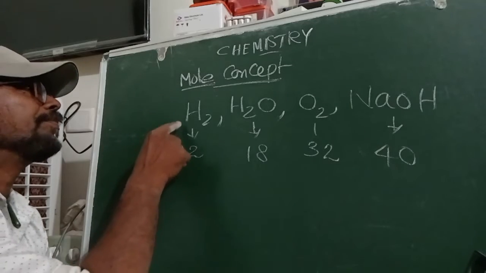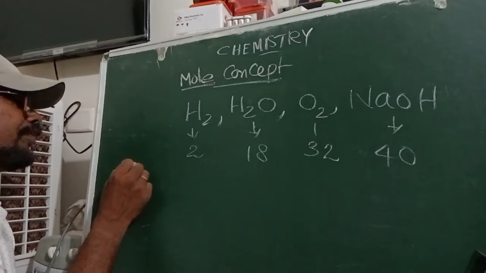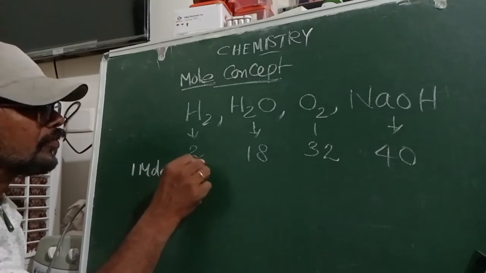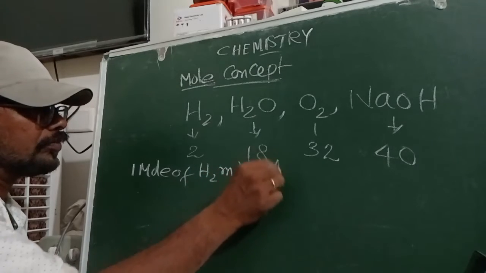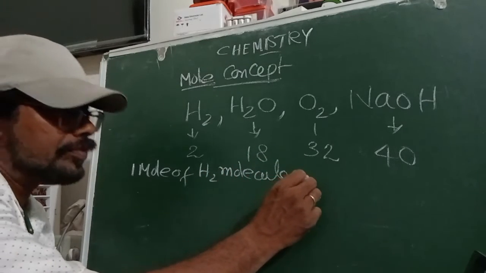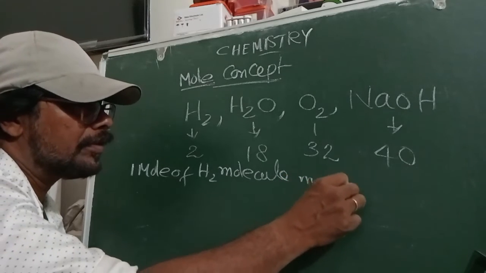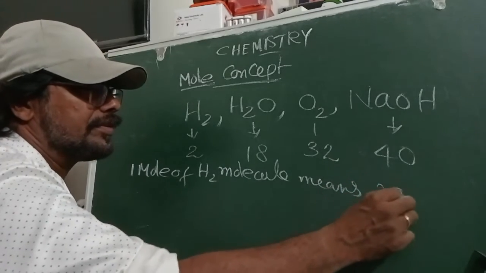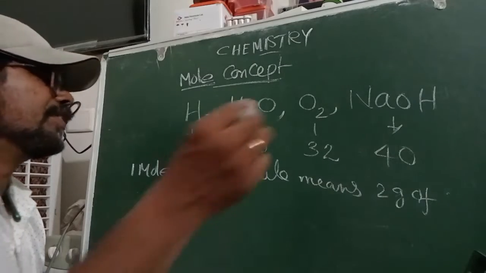So 1 mole of hydrogen molecule, 1 mole of H2 molecule means 2 grams of H2.